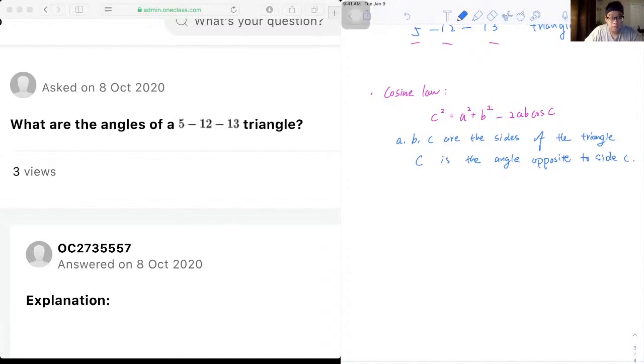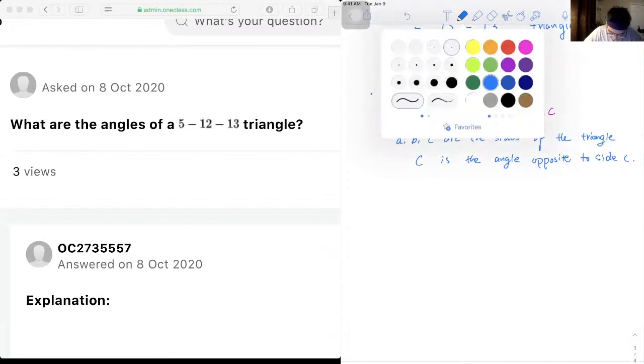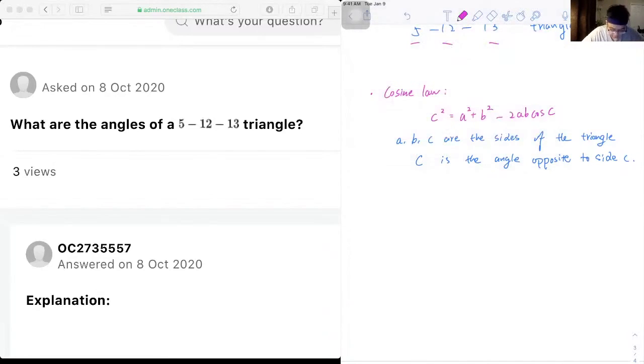All right, so now we can sketch the given triangle, right? We have a triangle with sides 12, 13, and 5.